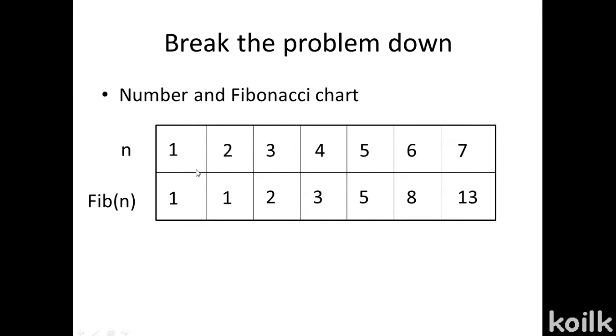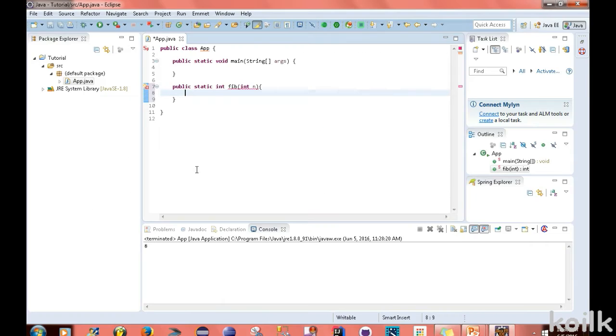So what I want to do is add a conditional statement that says if n is less than or equal to 2, then I want to return 1.